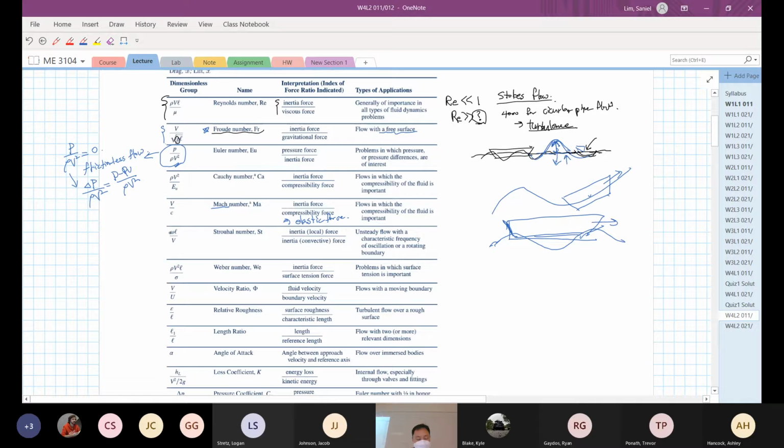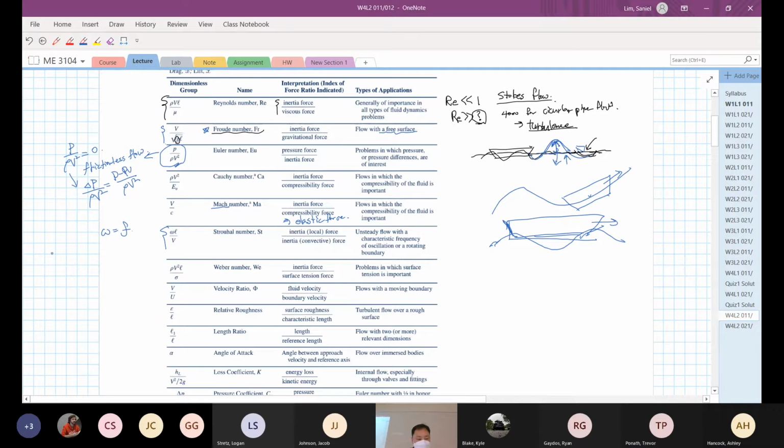The omega is pretty much the frequency of the oscillation. We're going to talk about this number later when you do the lab for the circular cylinder within the flow field. It's going to make oscillation and eddy currents in the flow. So you can consider what the Strouhal number is.